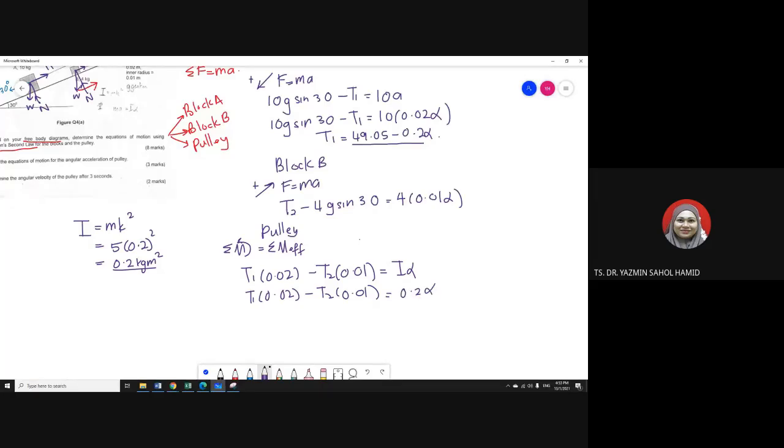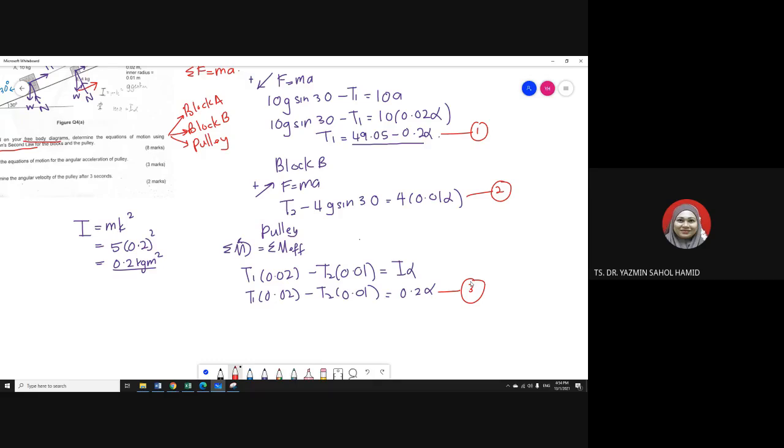Now what you have here are three equations: equation 1, equation 2, and equation 3. You need to solve them in order to get alpha. Very easy, right?